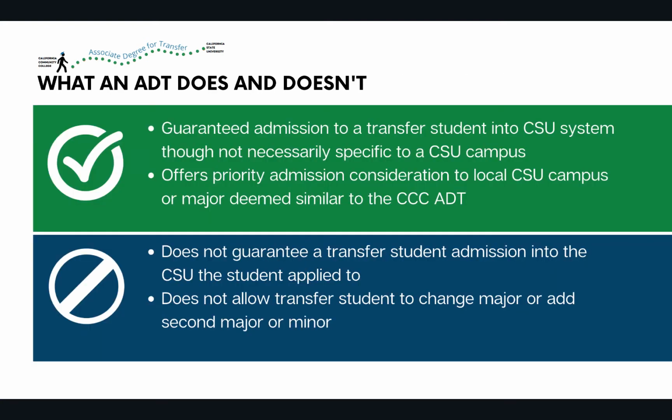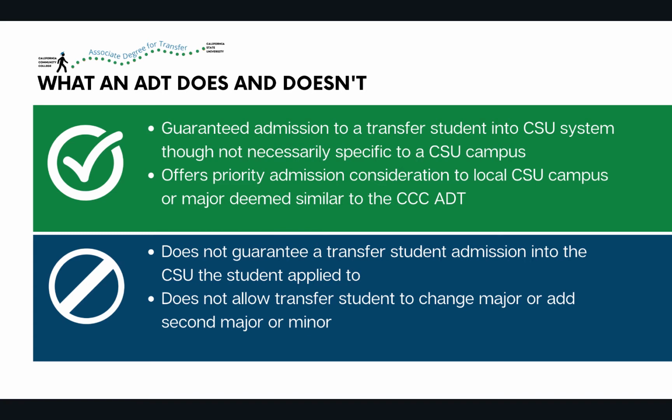So here are some of the things that the ADT does for you, and some of the things that it does not do for you. We'll start with the pros. One of them is that it does guarantee admissions to a CSU campus. Not necessarily the one of your choice, but it does provide you with a guarantee of admissions to a CSU campus.